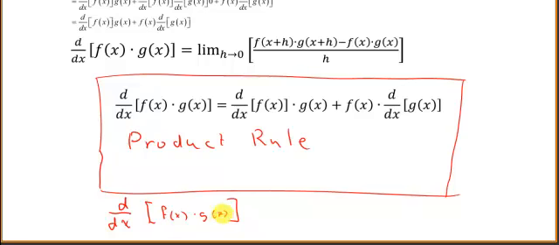So since there are two functions, I'll make two copies of the product. In the first copy, I'll take the derivative of the first function. In the second copy, the derivative of the second function, and then add them up. And this is exactly what the product rule says.